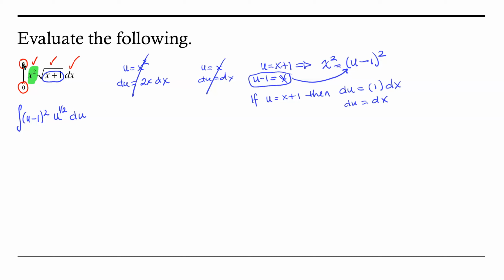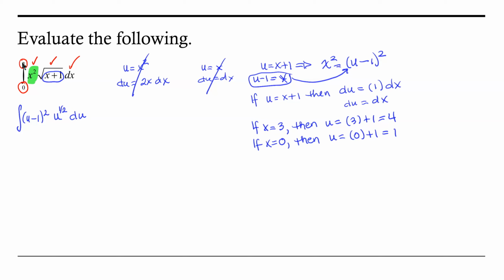Let's see how that plays out. If x is equal to 3, then u is equal to x plus 1, so that would be 4. If x is equal to 0, then u is equal to 0 plus 1, that's 1.